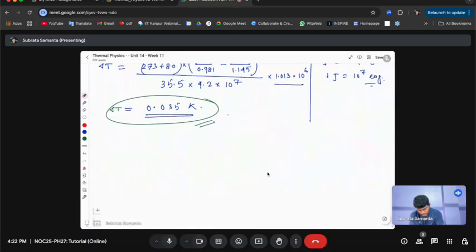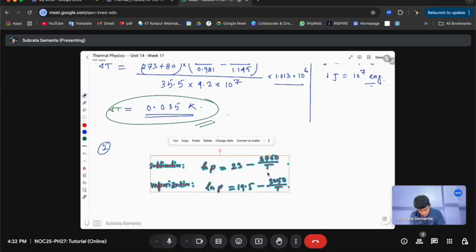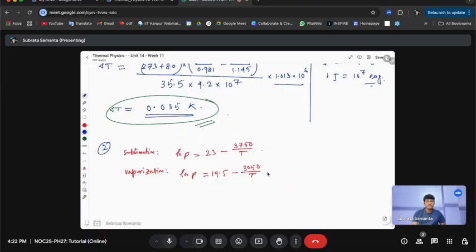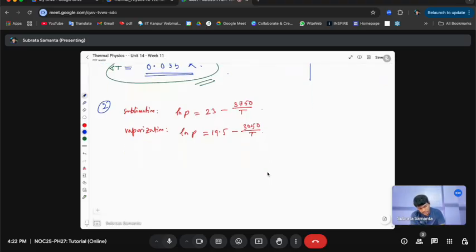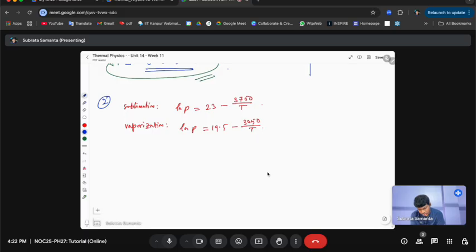So your problem number 2. These two data are given, right? At the triple point, the sublimation curve and the vaporization curve must meet, because the common point is the triple point.